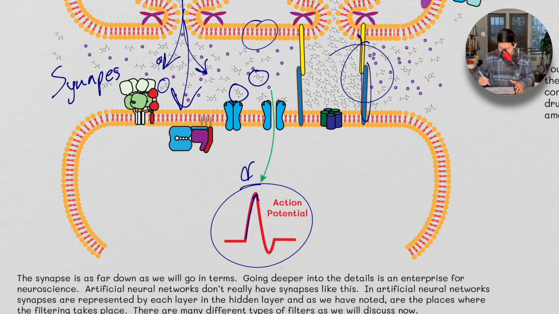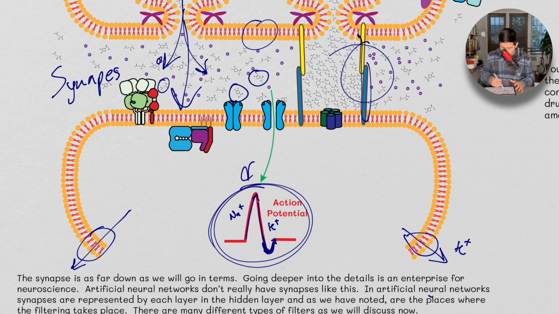Then other channels open, down here, allowing positively charged ions, specifically potassium, to flow out. So as sodium flows in and potassium flows out, we go way down here to these negative values, and then we get back to baseline.